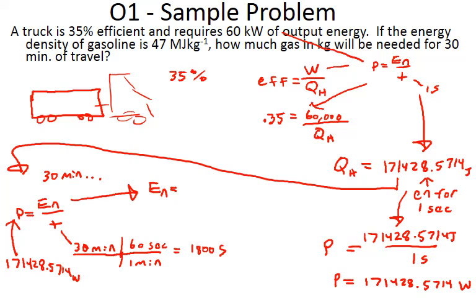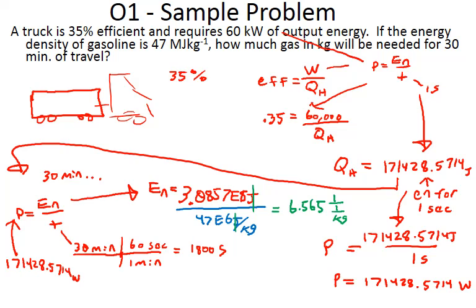So the total amount of energy is 3 times 10 to the 8th joules. Therefore, we can divide by 47 times 10 to the 6 joules per kilogram, and we're going to need 6.565 kilograms of fuel for that 30 minutes of travel.